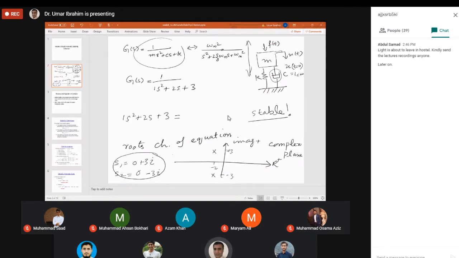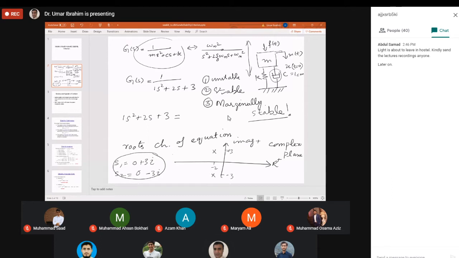If the system response neither decays nor grows as time t approaches infinity for a bounded input, then the system is marginally stable. So we have 3 sub-criteria of stability. Number 1 is unstable. Number 2, stable. Number 3, marginally stable.